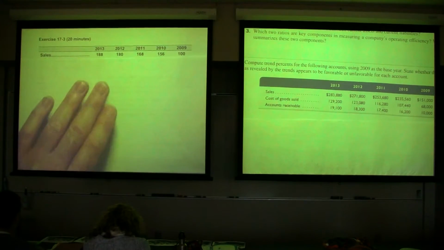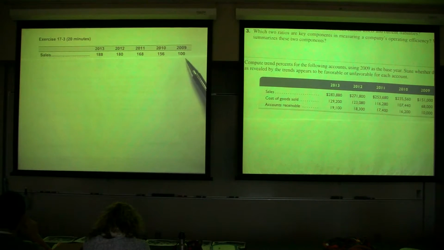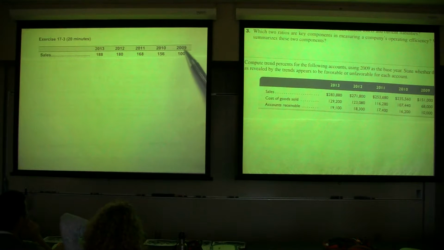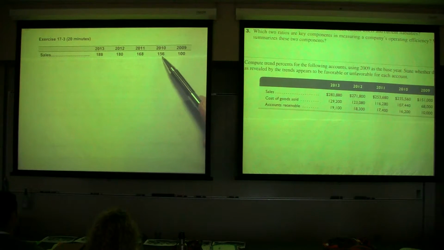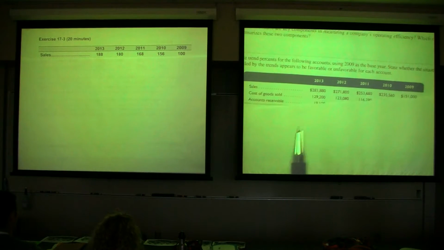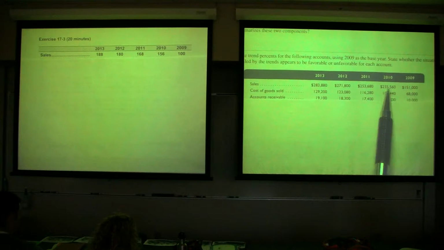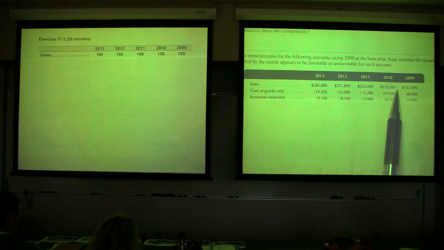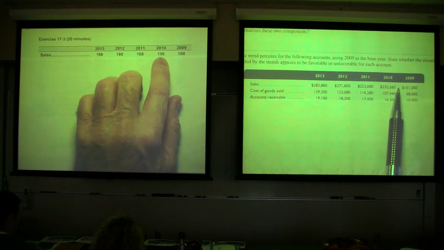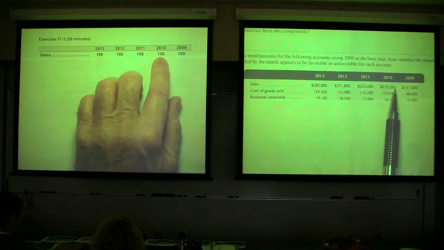So the earlier year will always be 100%, because it'll be 2009 over 2009. With 2010, what you did is put this number over that number, and this is the percent of increase, up 1.5.